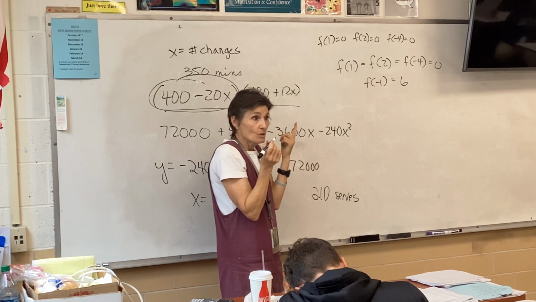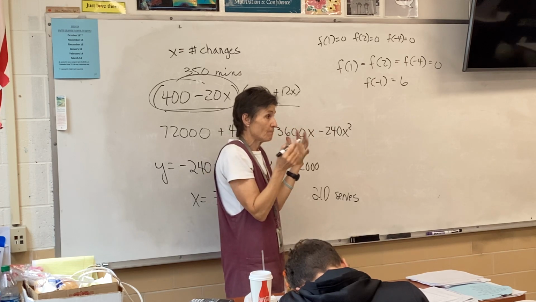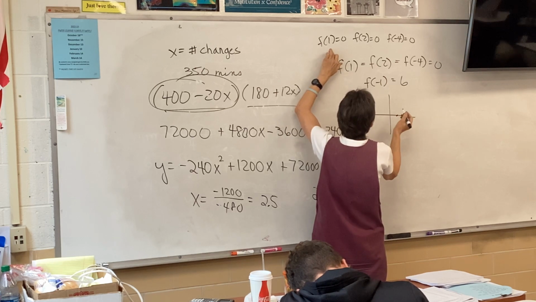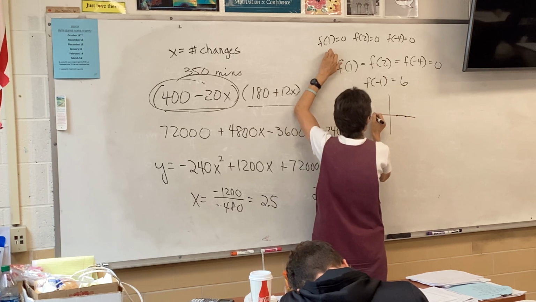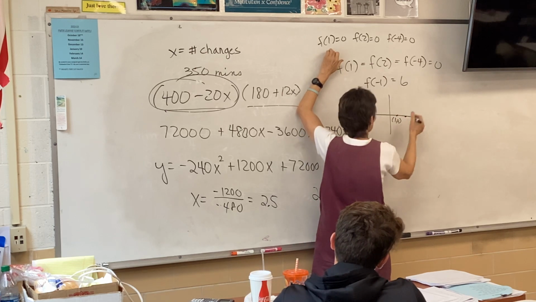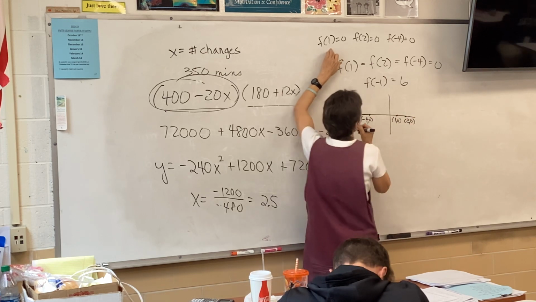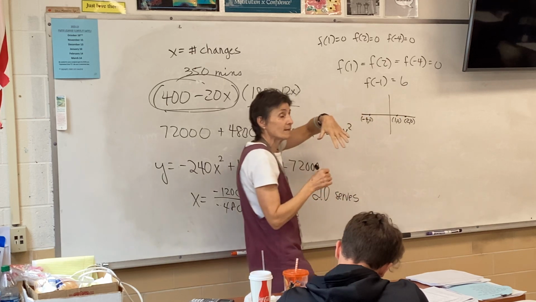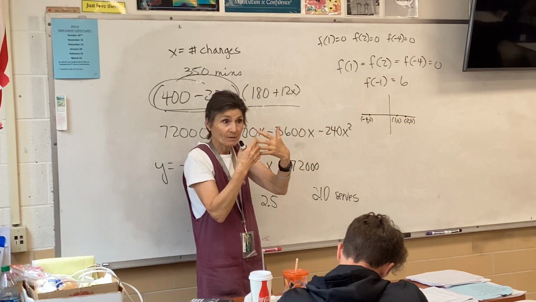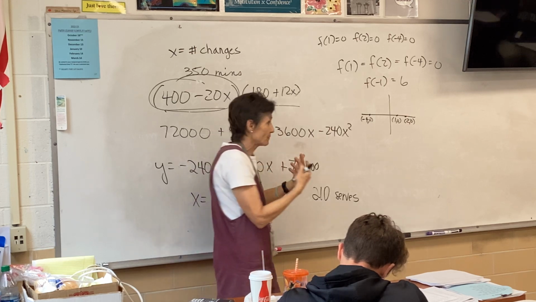Right? So that means if you were graphing it, wouldn't those be your x-intercepts? They're your zeros. Exactly, they're your zeros. Which means we're going to use those to build your factors.